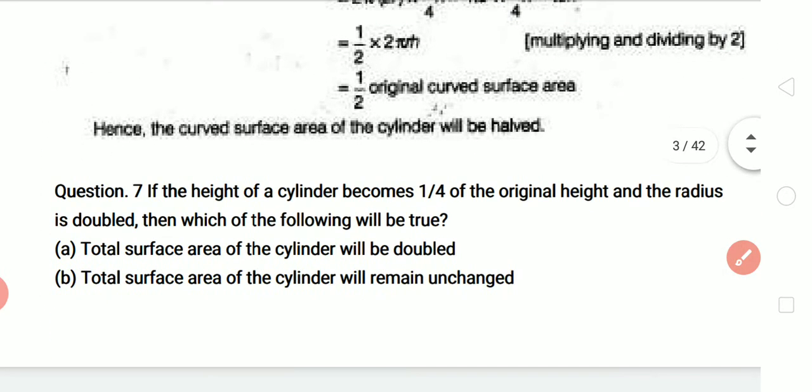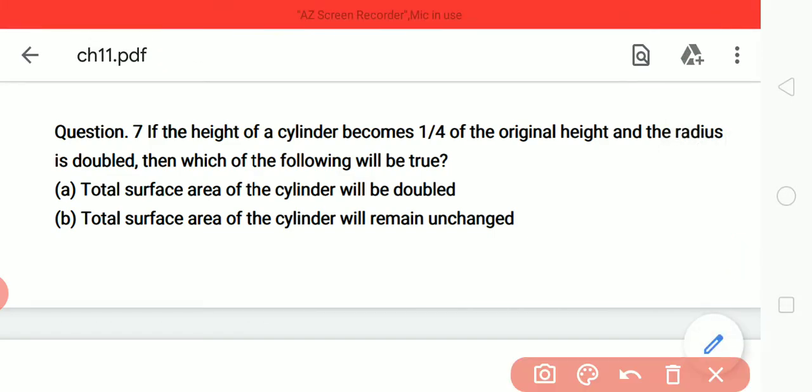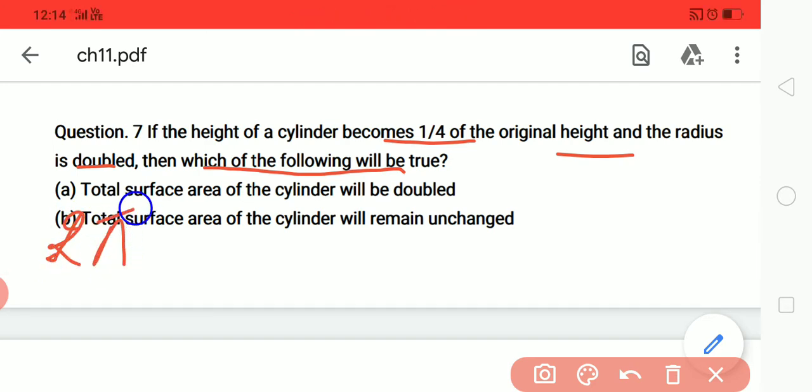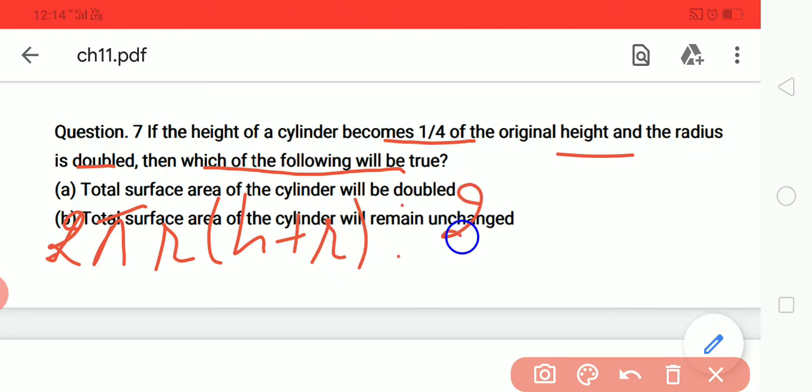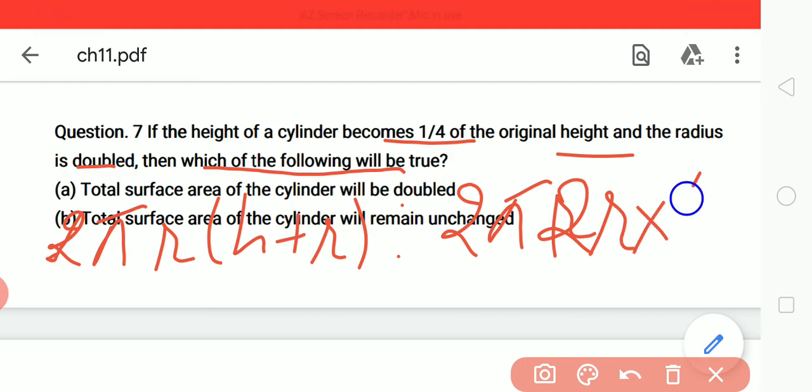Now come to question number 7. If the height of the cylinder becomes 1/4 of the original height and the radius is doubled, which of the following is true? Here it is the total surface area, so you can write 2 pi r (h + r). In the next one it becomes 2 pi into 2r into (h/4 + 2r), since h is h/4 and r is 2r.